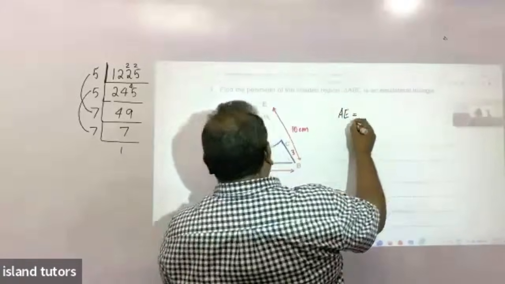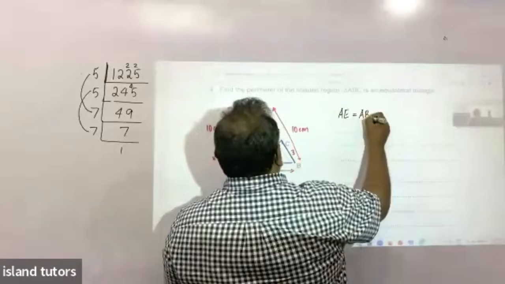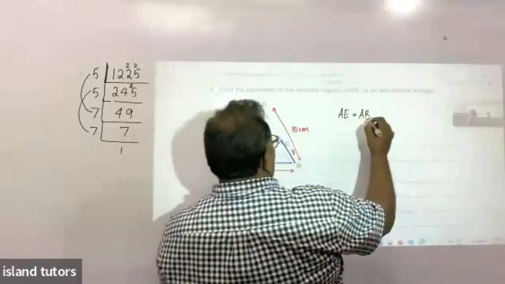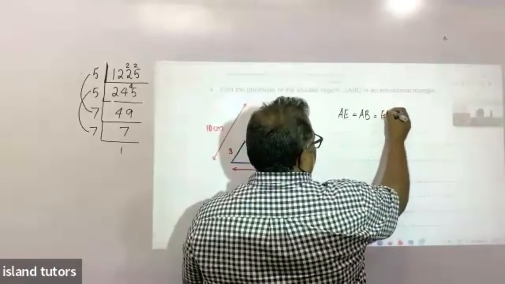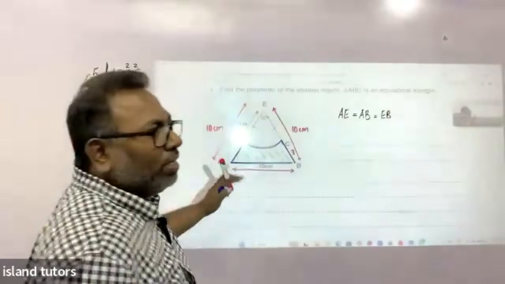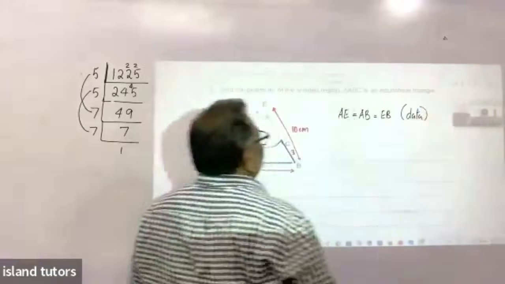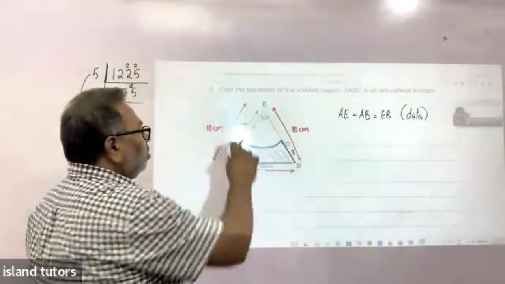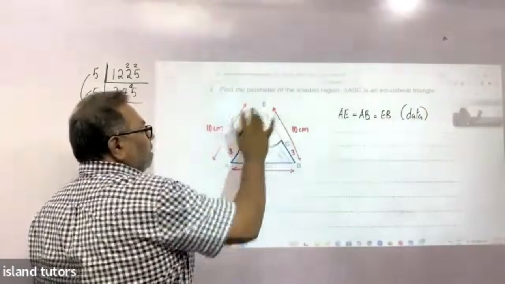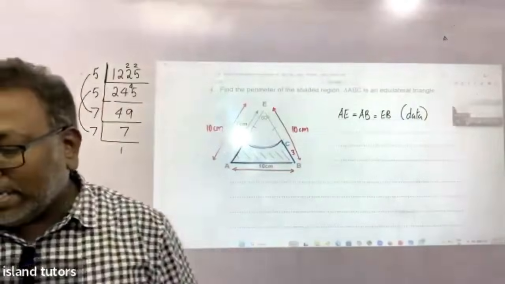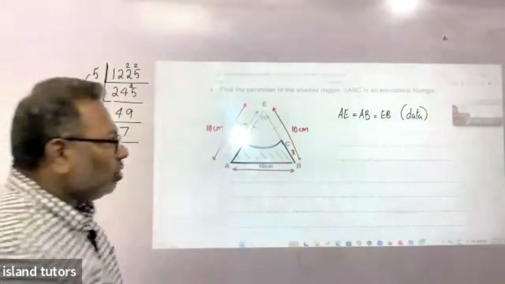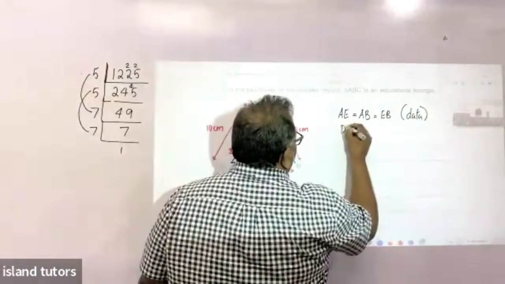All sides equal. Then also we know DE is equal to EC, that is also 7 centimeters. That is also data.